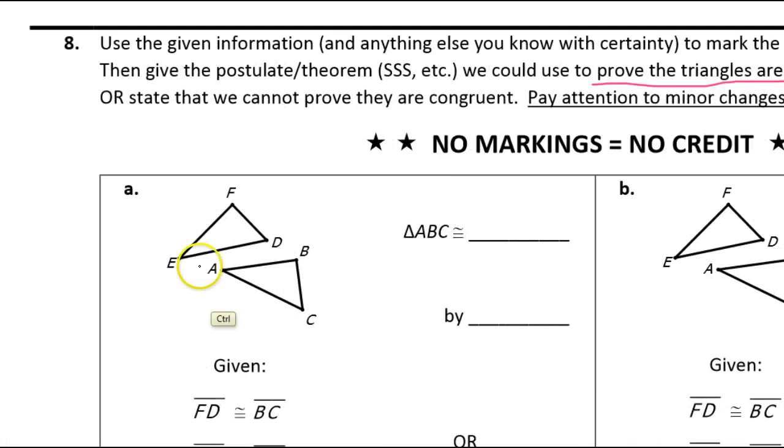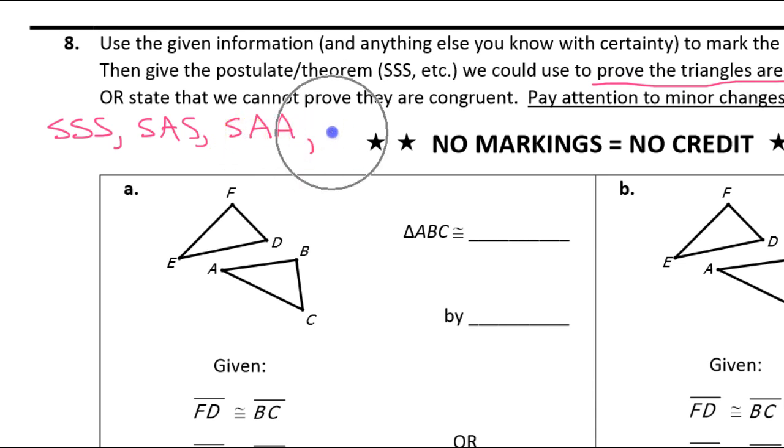There are 5 ways to prove that triangles are congruent, depending on the information: if we had 3 pairs of congruent sides, or 2 pairs of congruent sides with the included angle, or 1 pair of congruent sides and 2 pairs of congruent angles, or 2 angles and the included side, or a hypotenuse and a leg. So watch out for these.